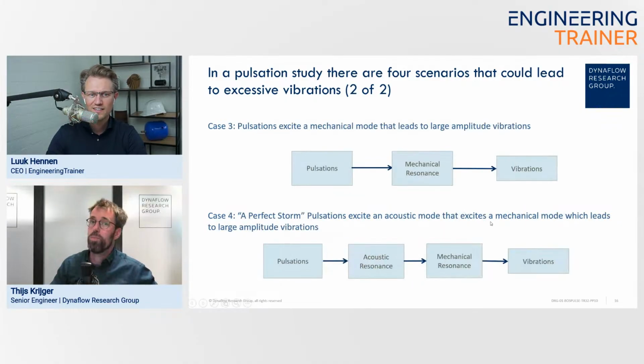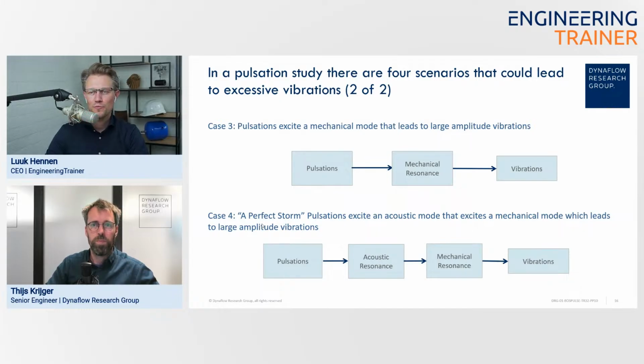The reverse is also possible. Maybe your shaking forces are not that high, but they're exactly at the mechanical resonance, which can cause a large response of the mechanical system. And then the perfect storm, or worst case scenario, is you have pulsations, acoustic resonances and mechanical resonances, and everything overlaps. In which case the vibrations are going to be very high. The perfect storm.